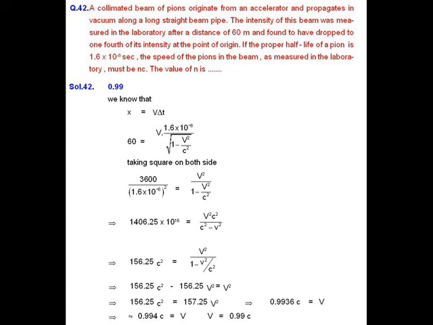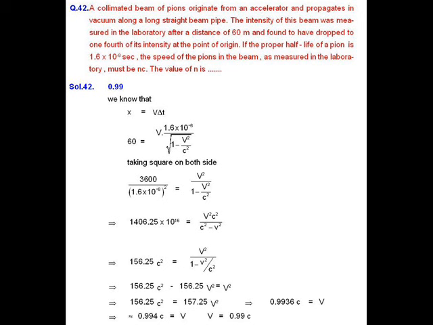So we know that if the velocity of the pion is comparable to the velocity c, then with respect to an observer standing in the rest frame of reference, its half-life will change. The apparent time will be t' = t₀ divided by √(1 − v²/c²), where t₀ is the proper half-life and v is the velocity of the pions.